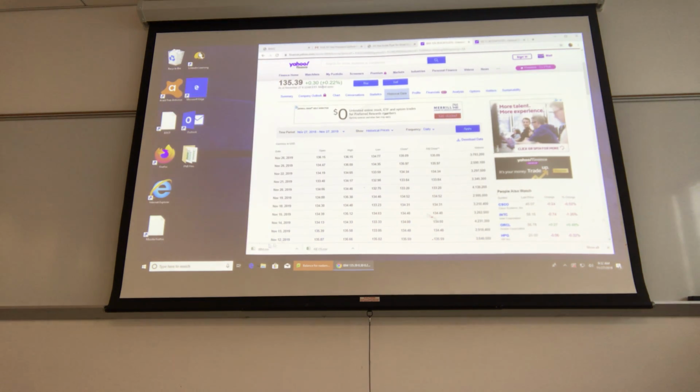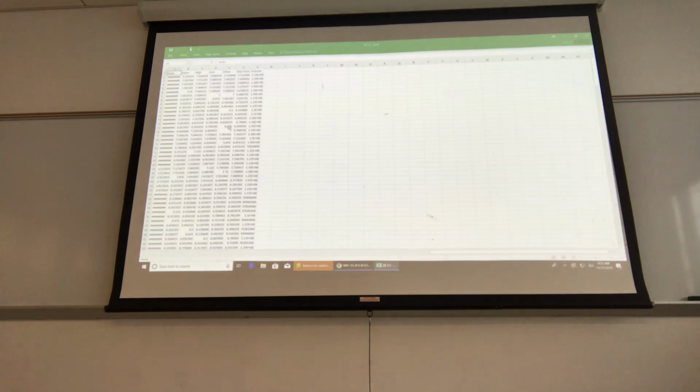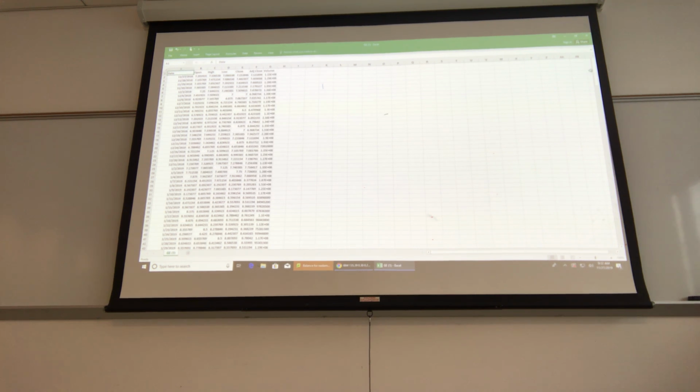Automatically, I have two files here, General Electric and IBM. You see that I used the General Electric before. I go and I open the file and I look at the time period.